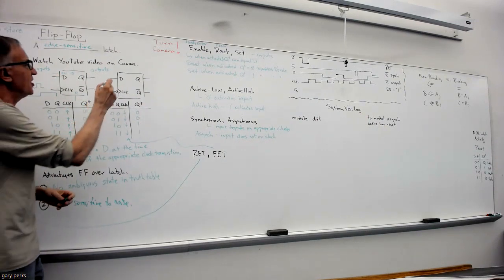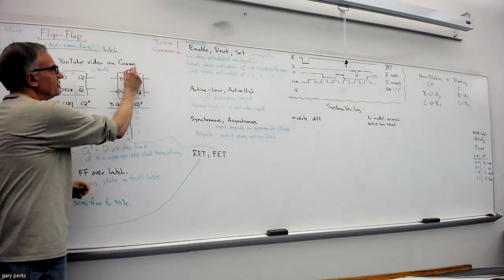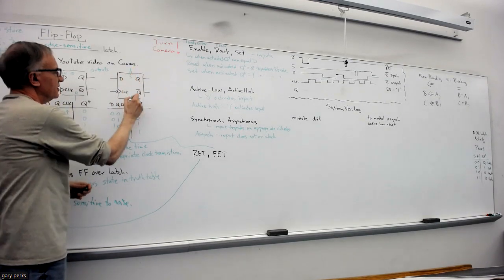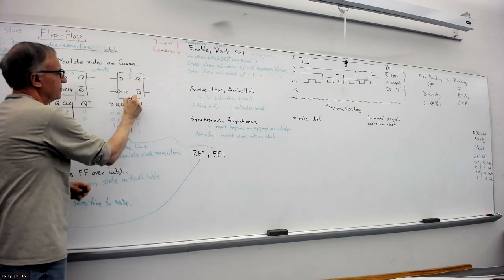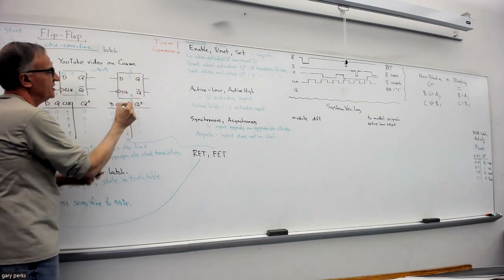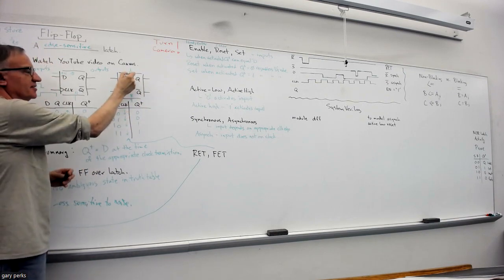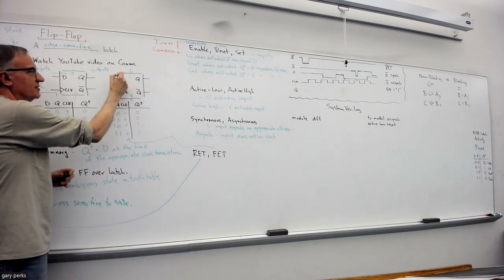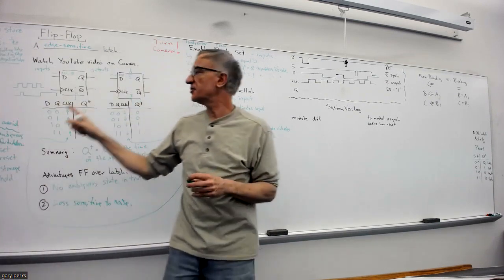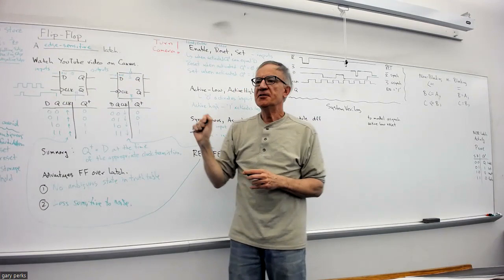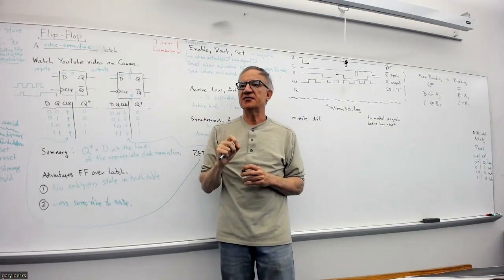If they were active low, there would be a little bubble. Your active low reset would have a bubble, your active low set would have a bubble, and if you had an active low enable, it would have a little bubble. So anytime you see a little bubble on an input, that means active low.